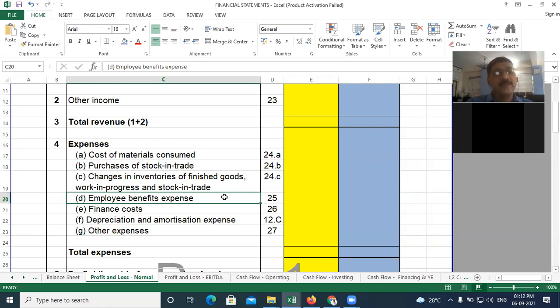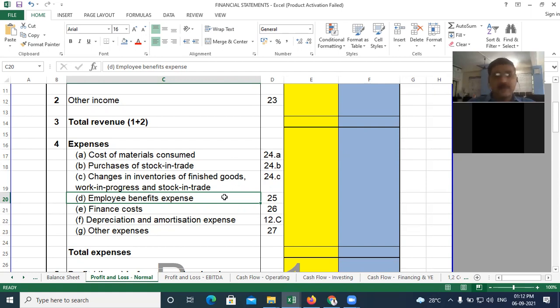Besides this, full-time directors who are working in the organization and taking salary will also be part of employee benefit expenses. So in short, whatever amount you're paying to employees by way of wages, salary, bonus, provident fund, or meeting fees for the directors attending, all of that will come under this head, employee benefit expenses.